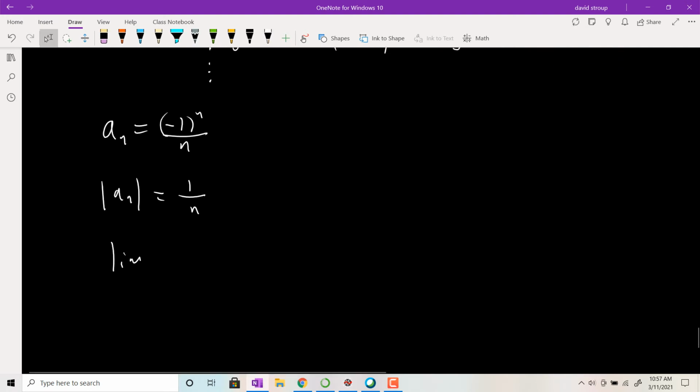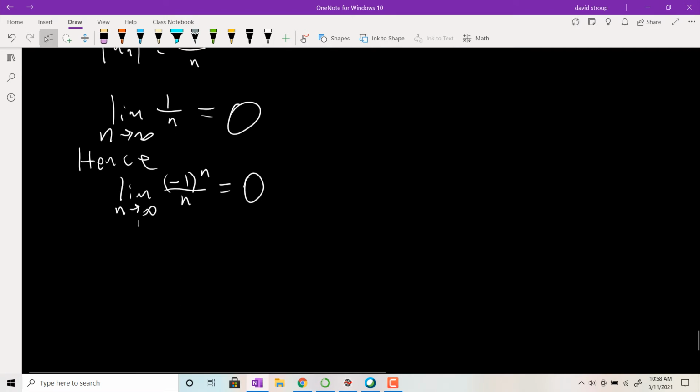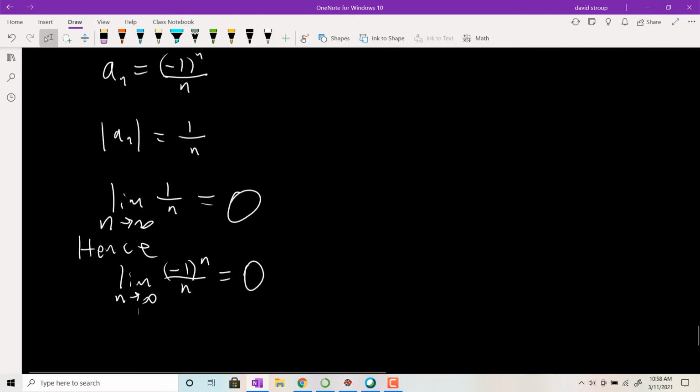The limit of 1/n as n goes to infinity is 0. Hence, from the absolute value theorem, the limit of -1 to the n all over n is equal to 0 as n goes to infinity. Okay, so that's the absolute value theorem.